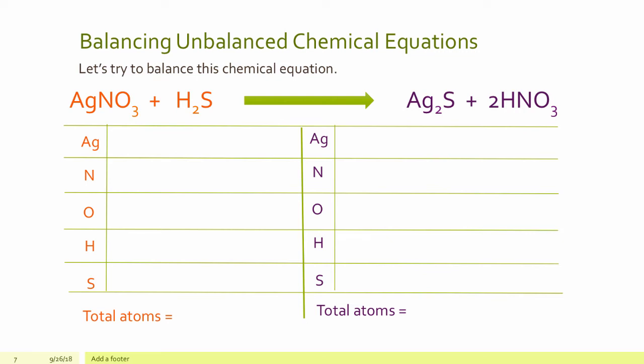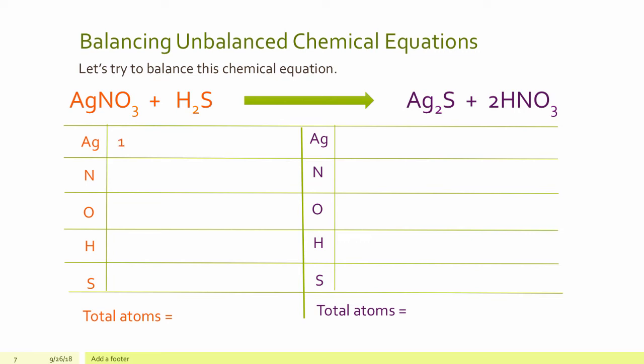Okay, so we're back and we're going to check your work. So right now I have the chemical equation AgNO3 plus H2S is going to yield us a product of Ag2S plus 2HNO3. So we've pulled out our elements for both our reactant and product side, and we're going to count our atoms.